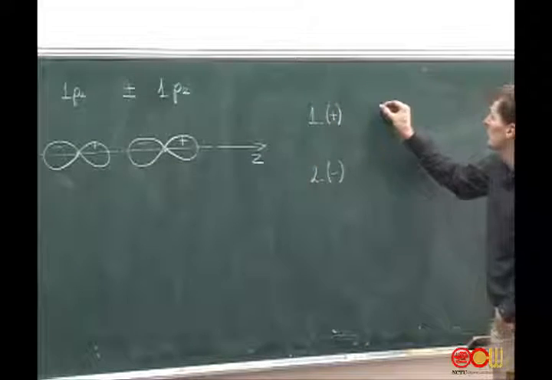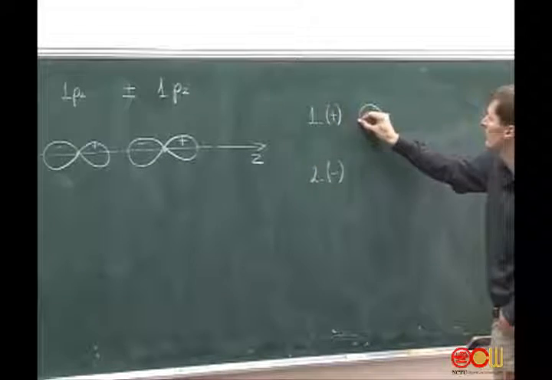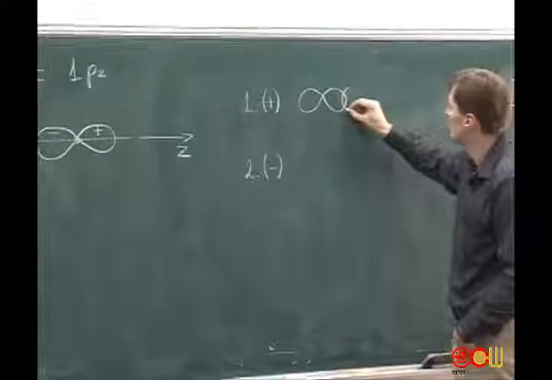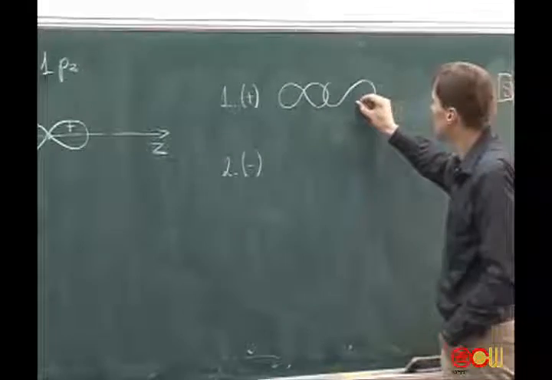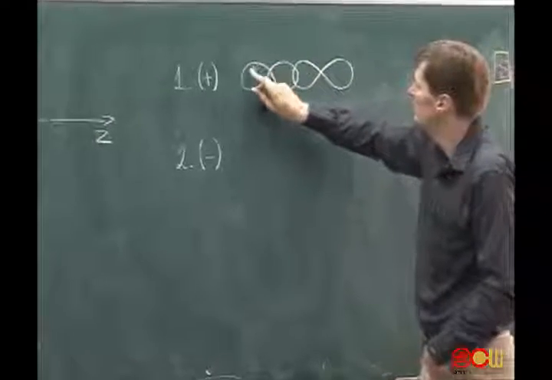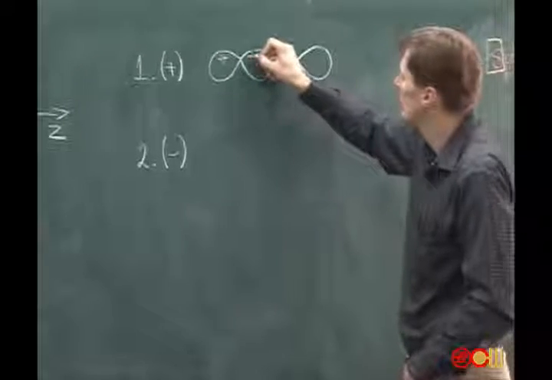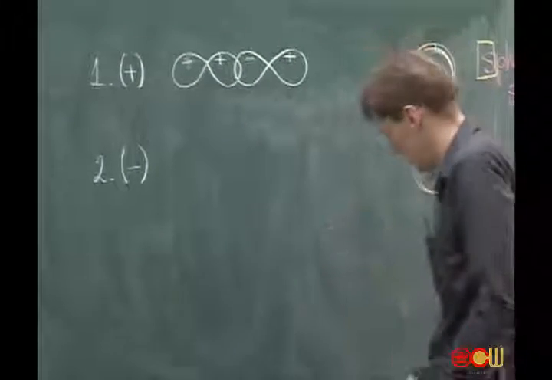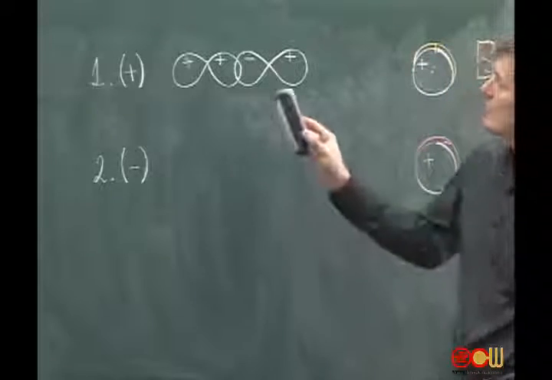So the orbital will look something like that. Plus, minus, plus, minus, plus.